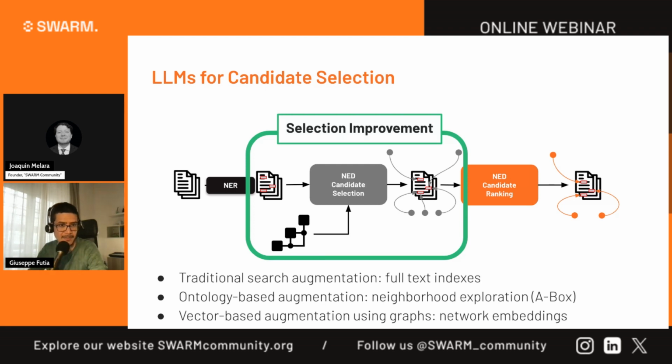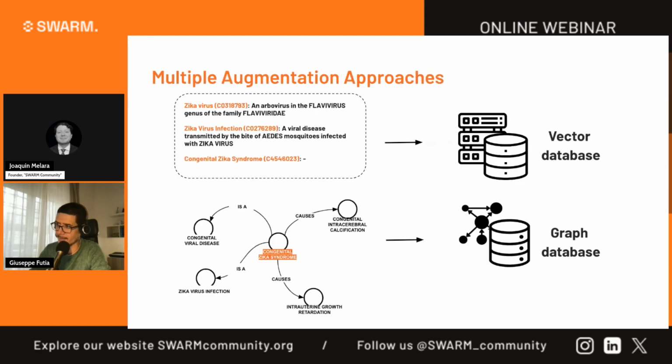So the nodes that are connected to this target entity in order to expand the information of the potential candidates. But at the same time, we can use embeddings that come from the graphs, right? Because ontologies are usually huge graphs, and we can perform graph-based technique in order to exploit this information as well.